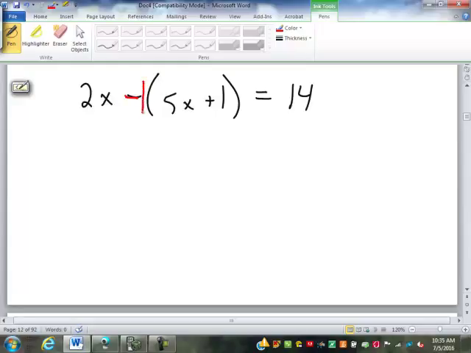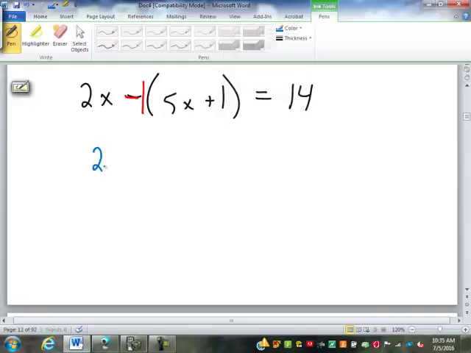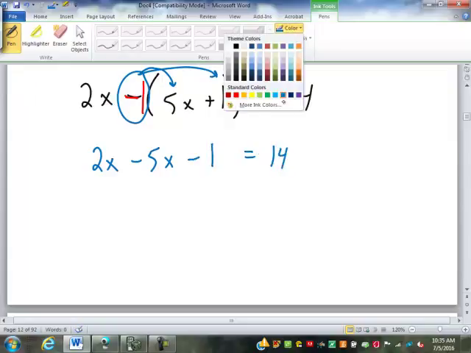The easiest way to get around that is to treat it as a negative 1 times the parentheses. So now the 2x doesn't change. This is going to be negative 1 times 5x is negative 5x. Negative 1 times 1 is negative 1 equals 14.